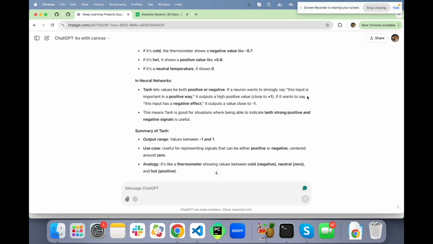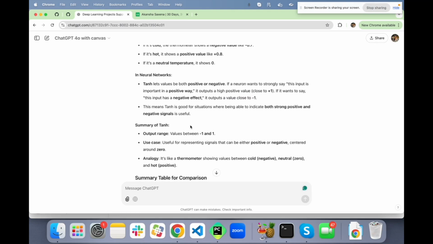If it wants to say this input has a negative effect, it outputs a value close to -1. If the neural network wants to predict that the value is highly positive, it is going to output close to +1. Otherwise, if it wants to say that it has a negative effect, it is going to output a value close to -1.